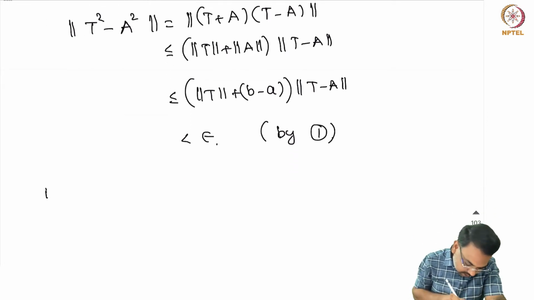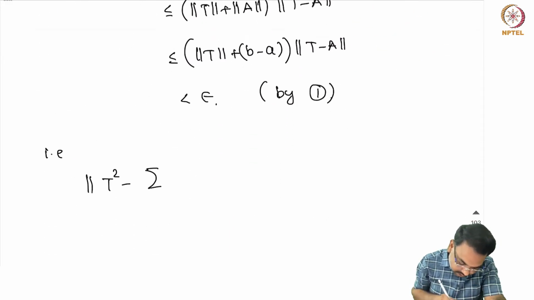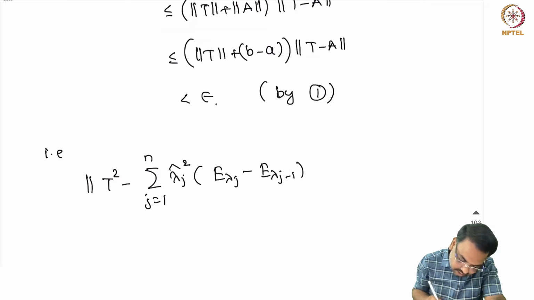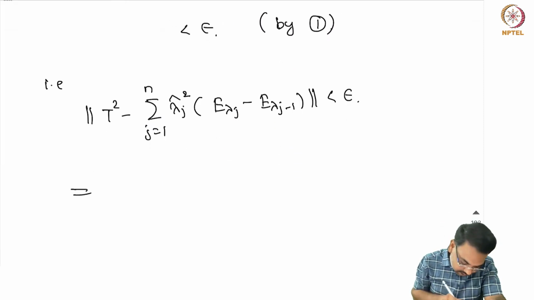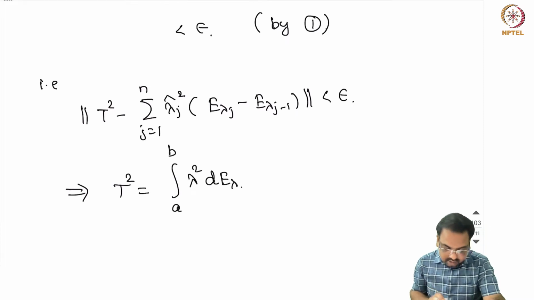But that means we know that norm T square, now A square we have already computed, equal to summation j equal to 1 to n lambda j hat square (E lambda j minus E lambda j minus 1), that is less than epsilon. So this implies T square can be written as integral a to b lambda square d E lambda.